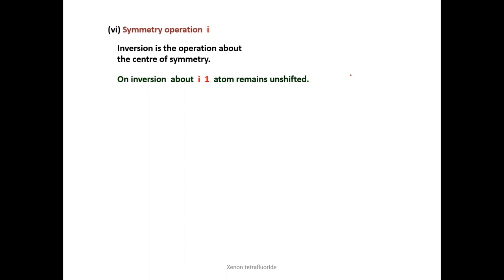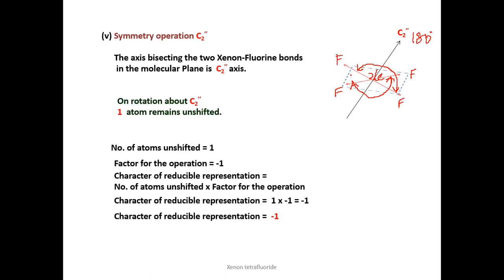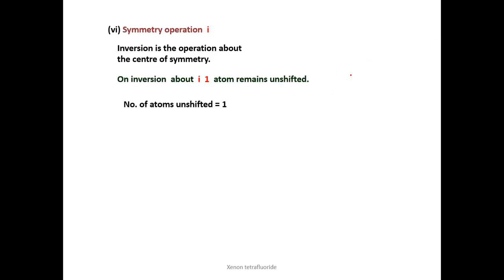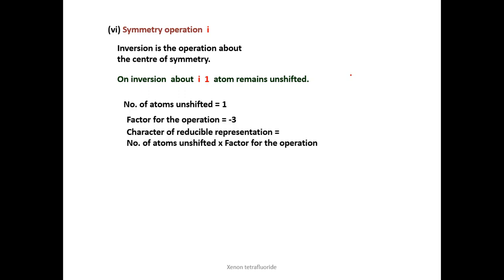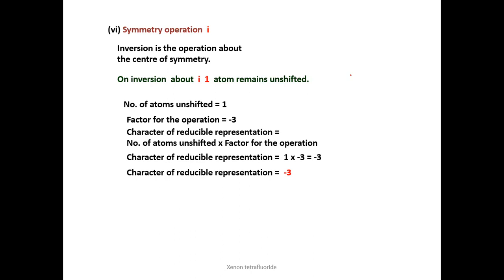During inversion, all the atoms except the atom at the center, which is xenon, all the 4 fluorine atoms will change position. So the number of unshifted atoms is 1, and the factor for the operation is minus 3, and the character for the reducible representation is number of atoms unshifted into factor, equal to 1 into minus 3 equal to minus 3. Now we will see how we get the factor as minus 3.